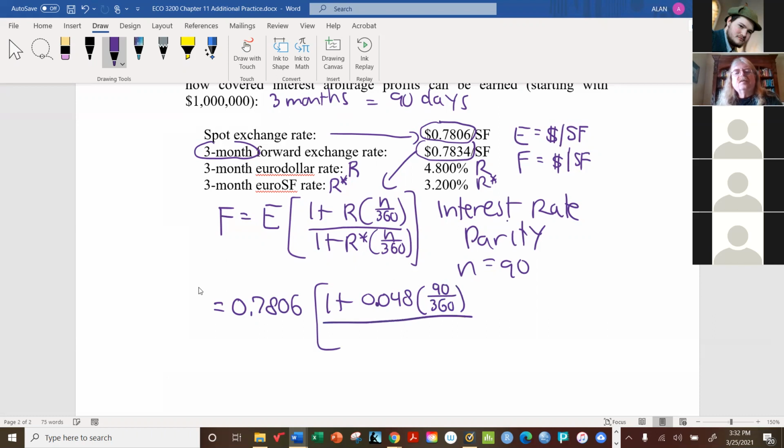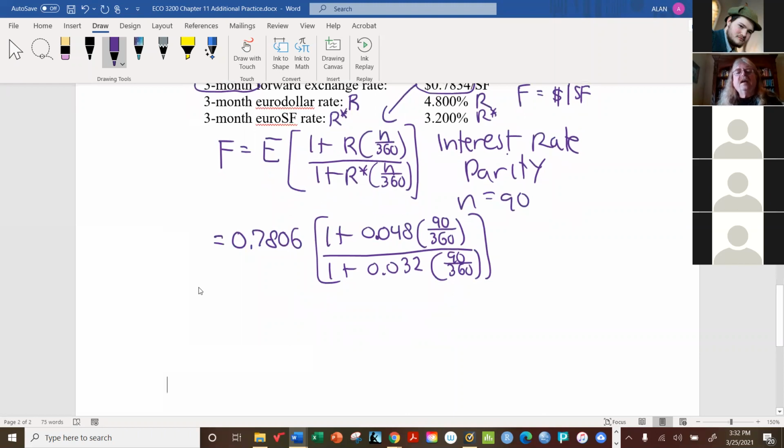In the denominator, we have the Swiss franc rate. And so what we want to do now is substitute and figure out what we've got. Now, you can simplify this very nicely because each of these ratios is nothing but 1/4. Okay, 90 over 360. So therefore, you have 1 plus a quarter of 4.8%, which is 1.2%. And in the denominator, we can do the same thing.